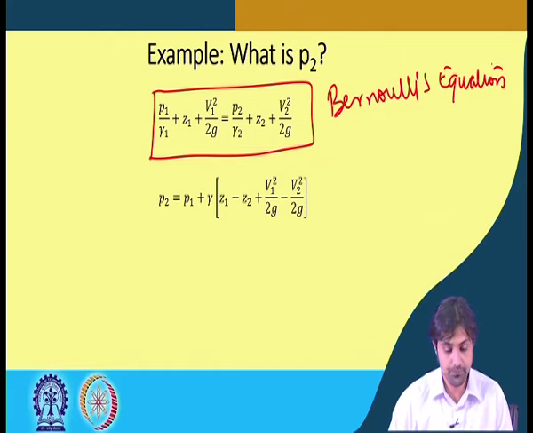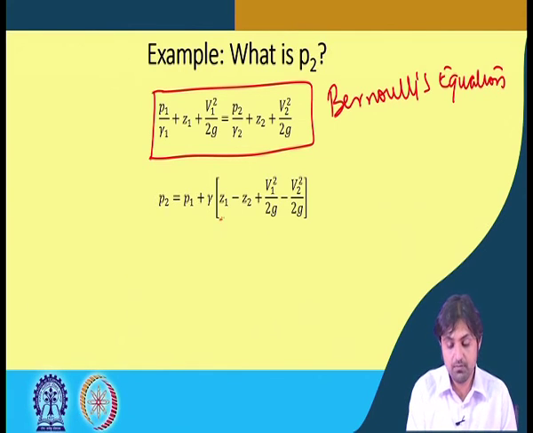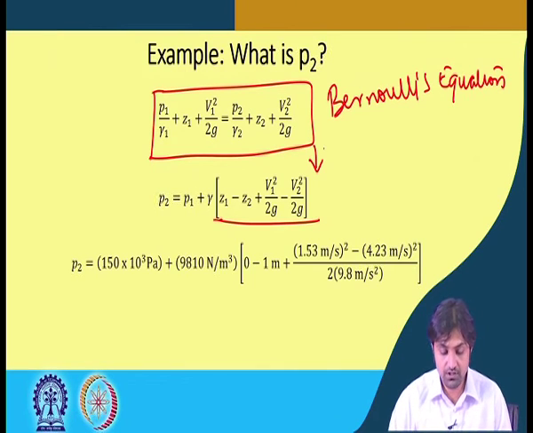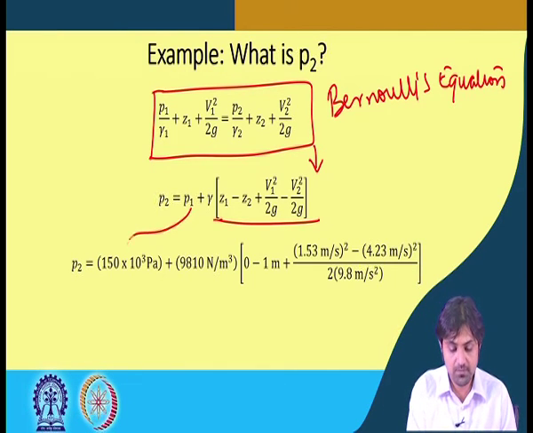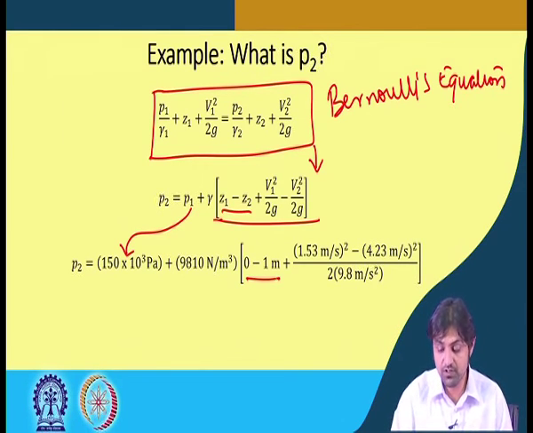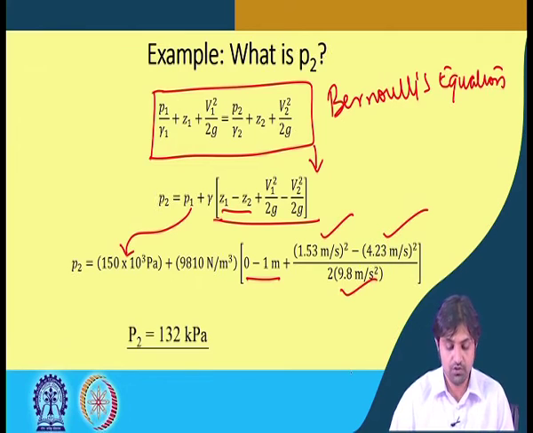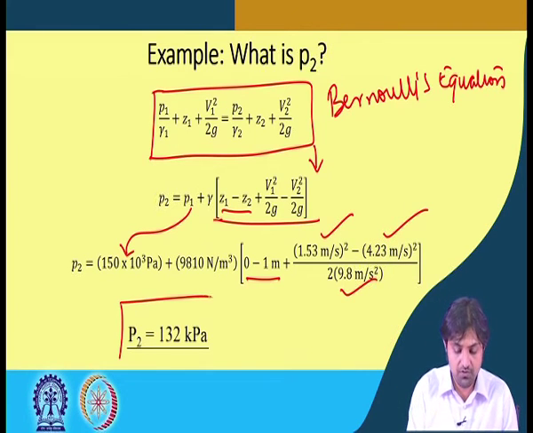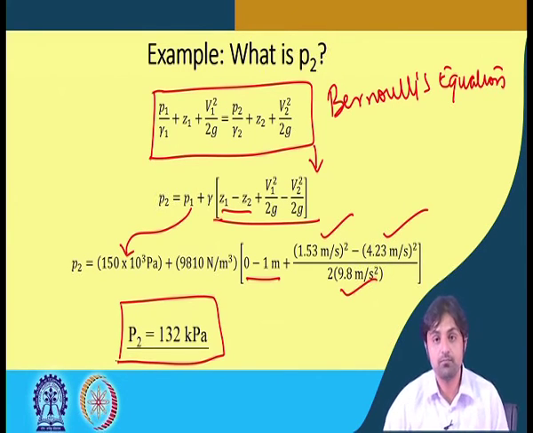P2 will be P1 plus gamma Z1 minus Z2 plus V1 squared minus V2 squared over 2g, just a rearrangement of this equation. We can simply substitute the values. We already know Z1 minus Z2 is minus 1 meter. V1 we have calculated, V2 we have calculated, everything is known. So P2 turns out to be 132 kilopascal.